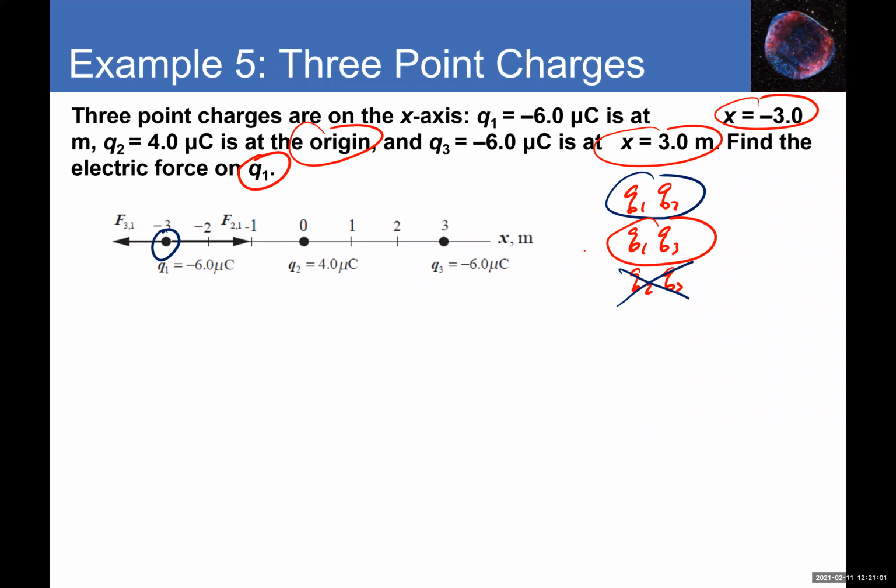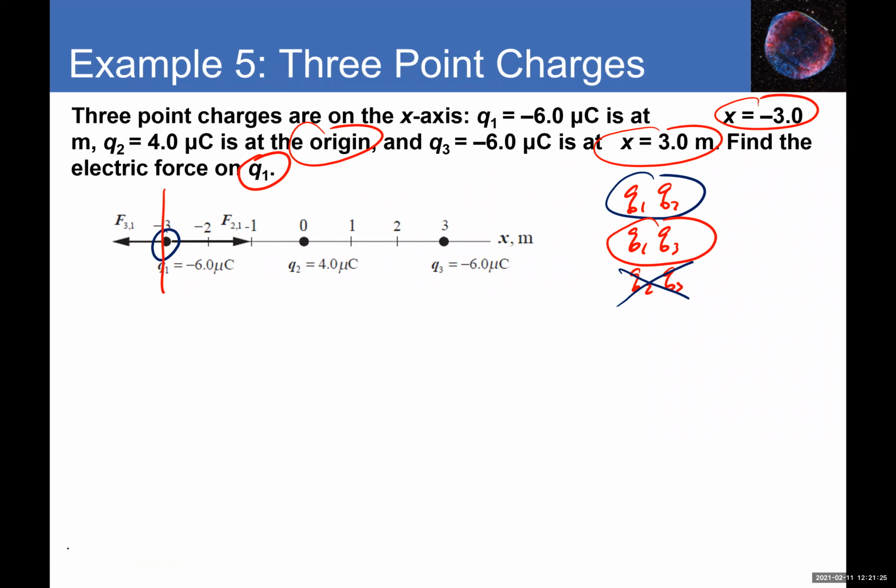If I then look at the Q1, Q3 interaction, Q1 is negative, Q3 is negative, so they repel. That means Q1 has a repulsive force basically away from Q3, which is to the left. So this is my free body diagram: two forces, to the right and to the left, acting on it.